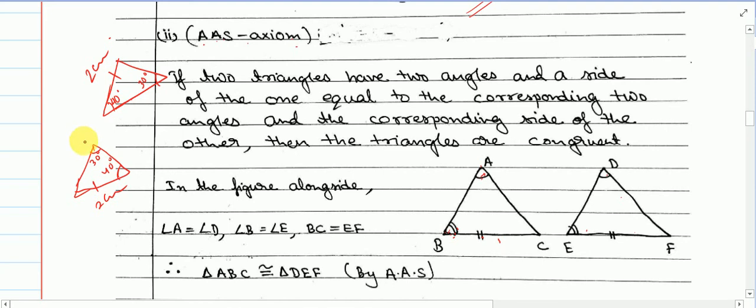So here you can see 30, 30, 40, 40, and this side which contains 40 is 2 centimeter, and this side also which contains 40 is 2 centimeter. So these two will be congruent by angle side. Clear? So you will write down this, you will draw this figure also. In order to write, you can just pause the video and copy it in your maths copy.